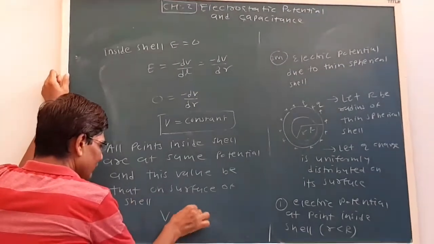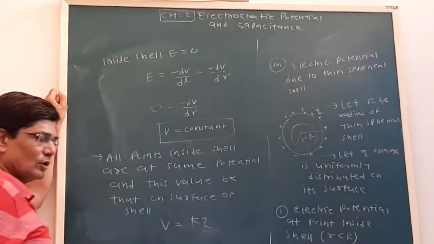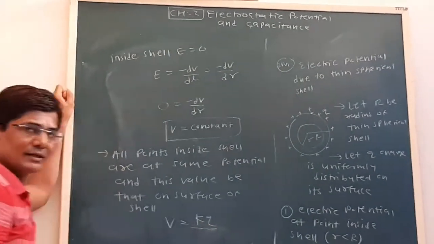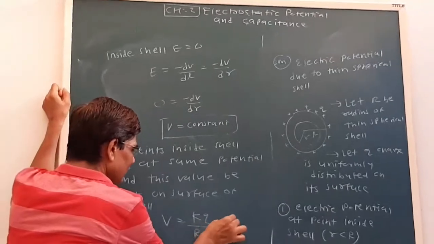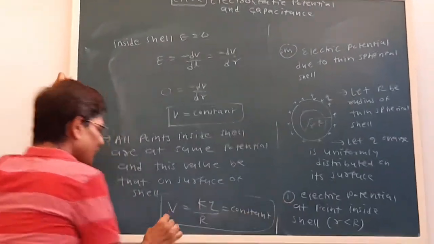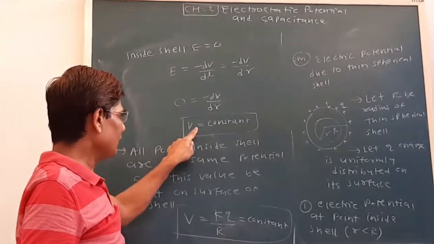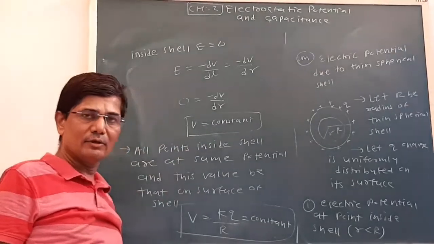So now we use the equation V is equal to KQ by R. R is the radius of the shell, and this value is constant. So for a thin spherical shell, all points inside the shell are at the same potential, and that will be the potential on the surface.